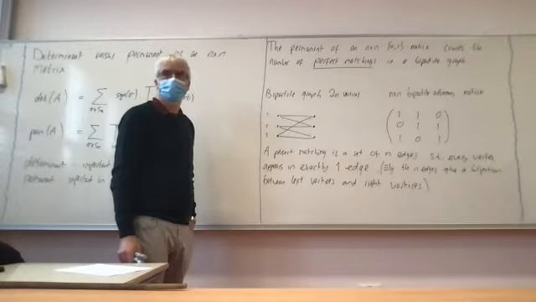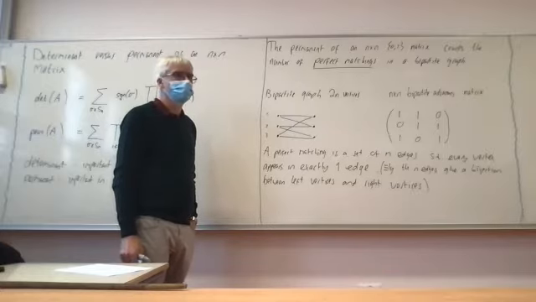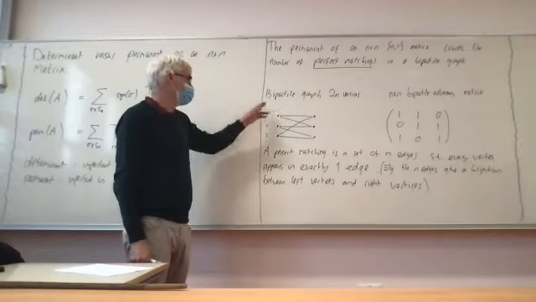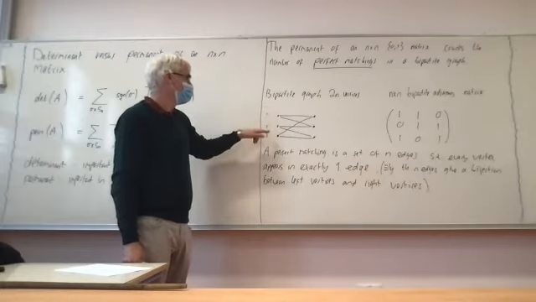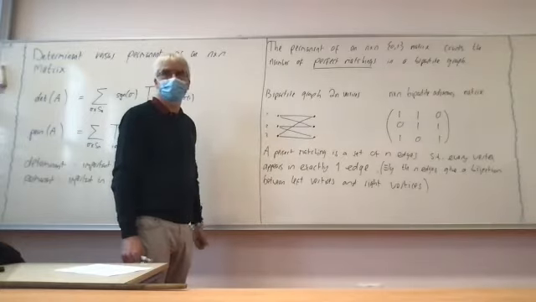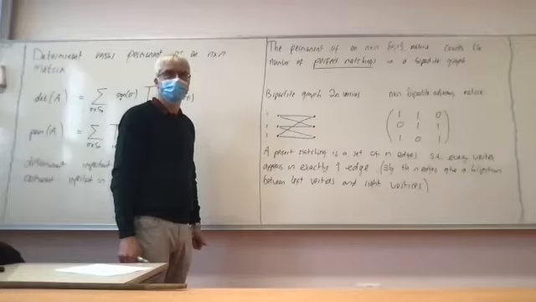Is there any perfect matching to begin with? Anyone want to say yes or no? It would be a collection of 3 edges, such that every vertex appears in exactly one of the edges. Can we find 3 edges such that every vertex appears in one of the edges?